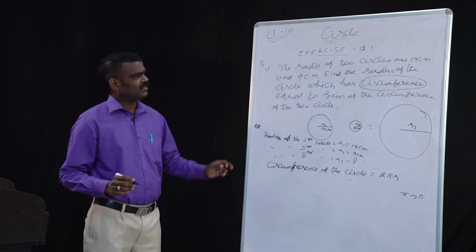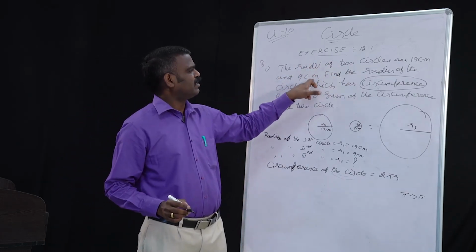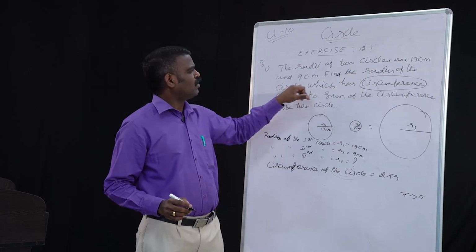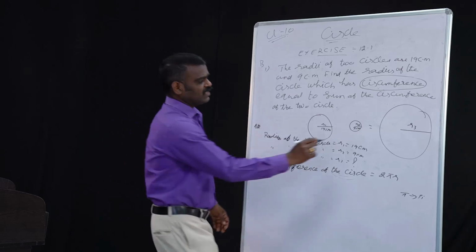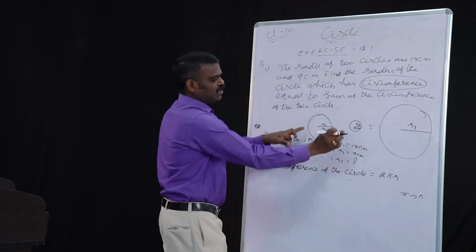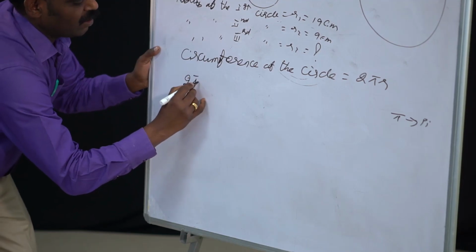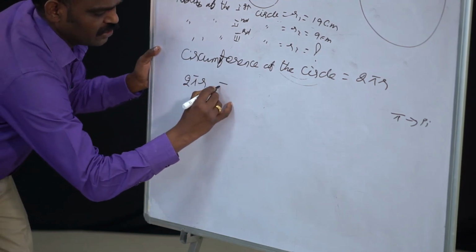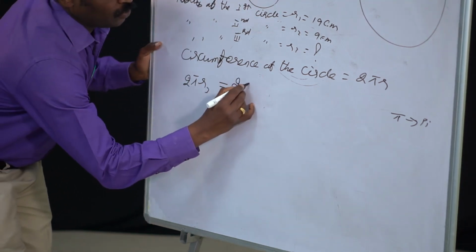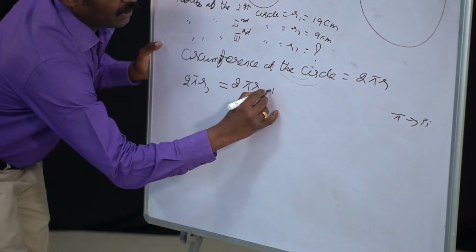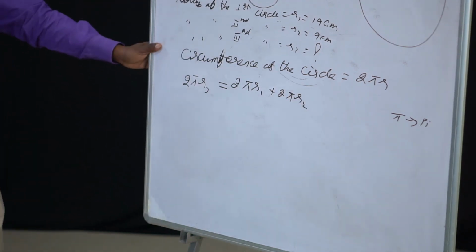So what does the question tell? The radii of two circles are 19 centimeter and 9 centimeter. Find the radius of a circle whose circumference is equal to the sum of these two circumferences, that is 2 pi r3 is equal to 2 pi r1 plus 2 pi r2. Getting?